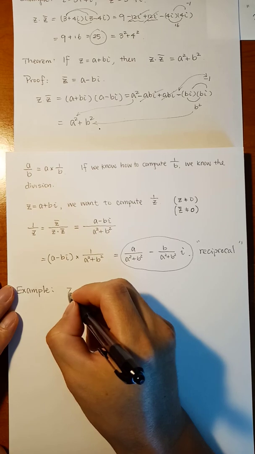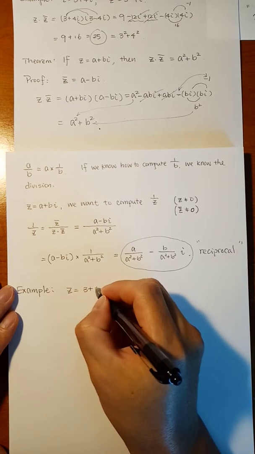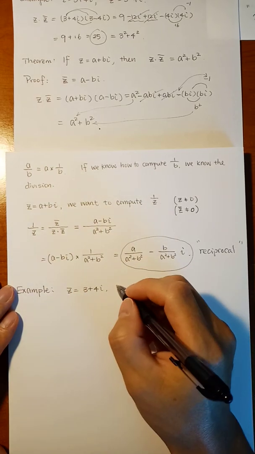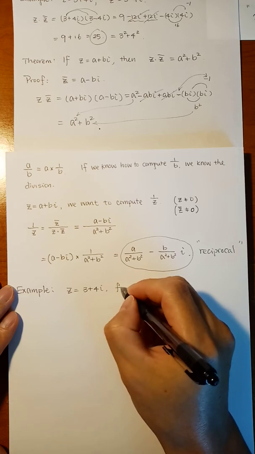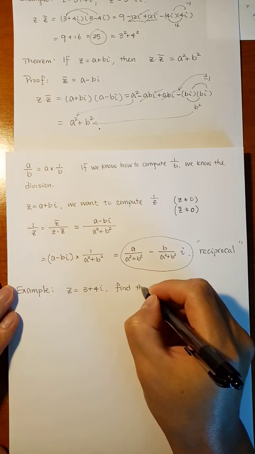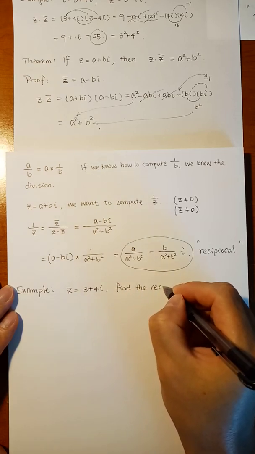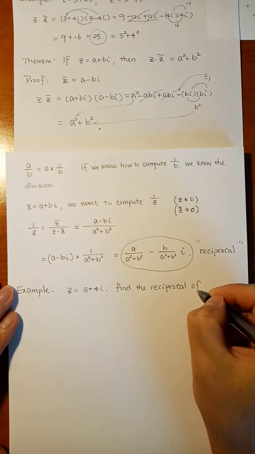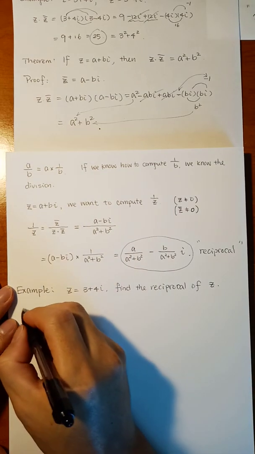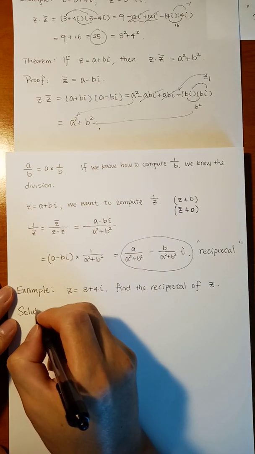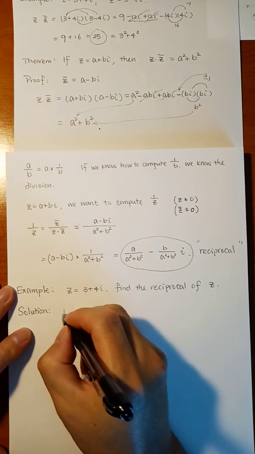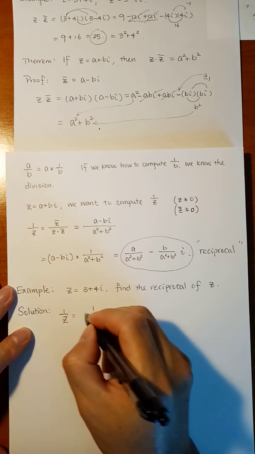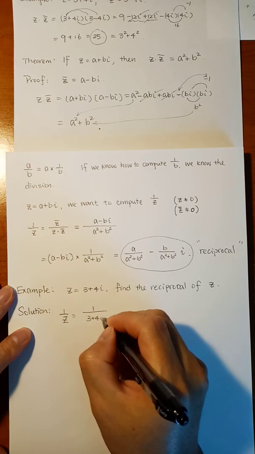Let's try it. If z is 3 plus 4i, find the reciprocal of z. Well, 1 over z is 1 over 3 plus 4i.